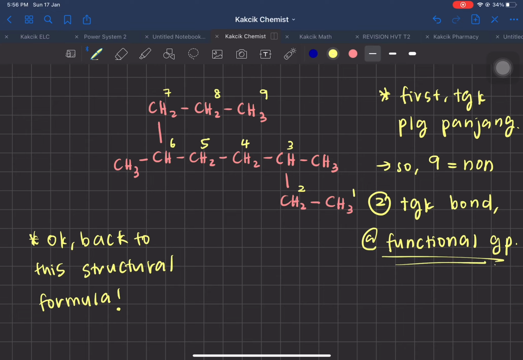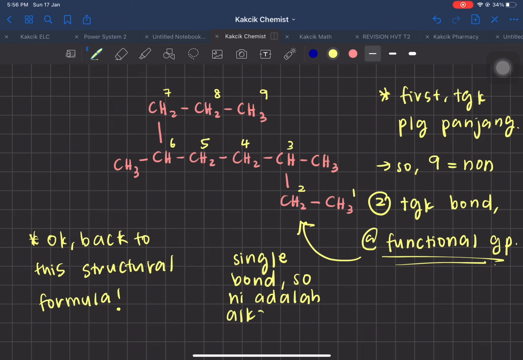So it's alkane, and the functional group will be nonane. Okay? If there is a double bond, it will be a different functional group, which is alkene.